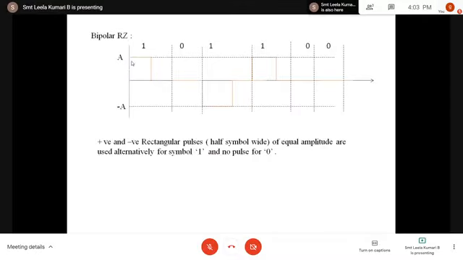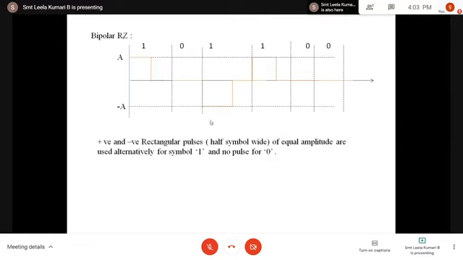Now bipolar return to 0. In the bipolar return to 0, positive and negative rectangular pulses of half symbol wide of equal amplitude are used alternatively for symbol 1.